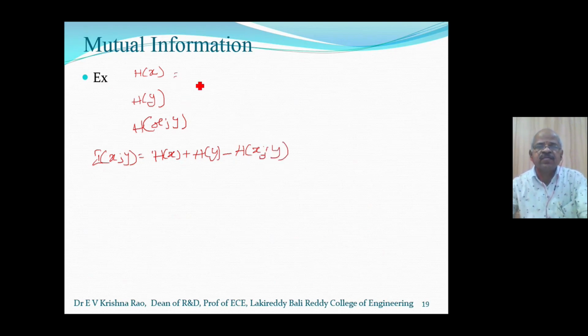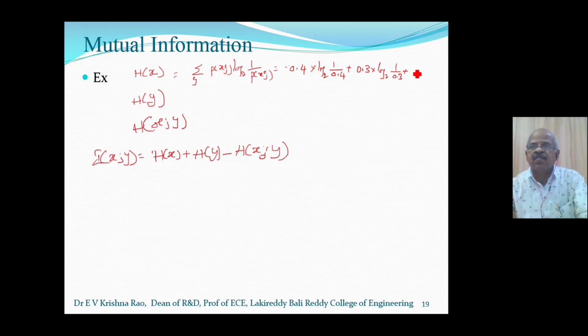So for H of x, you take the sum of P of xj logarithmic 1 by P of xj for all j. This is 0.4 multiplied with logarithmic base 2 of 1 by 0.4, plus 0.3 multiplied with logarithmic base 2 of 1 by 0.3, plus same way 0.3 logarithmic base 2 of 1 by 0.3.